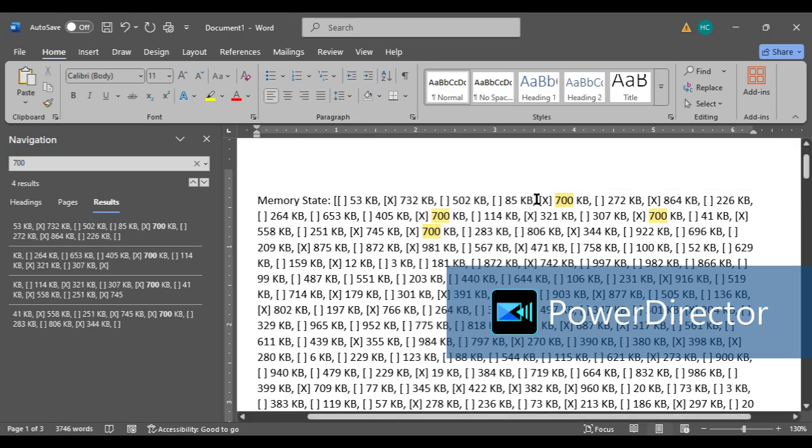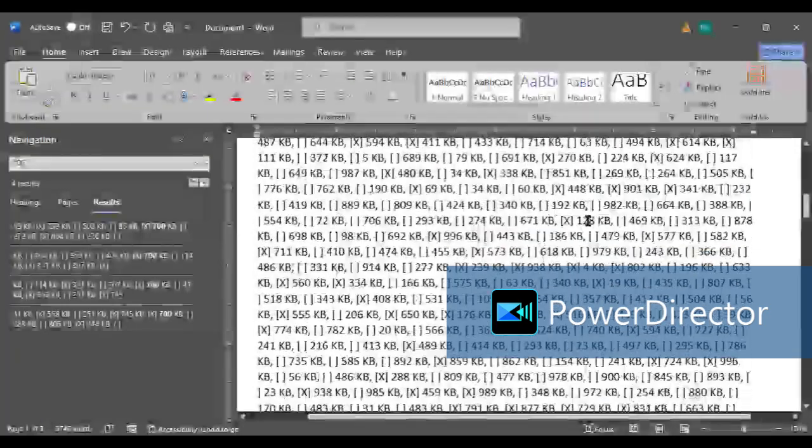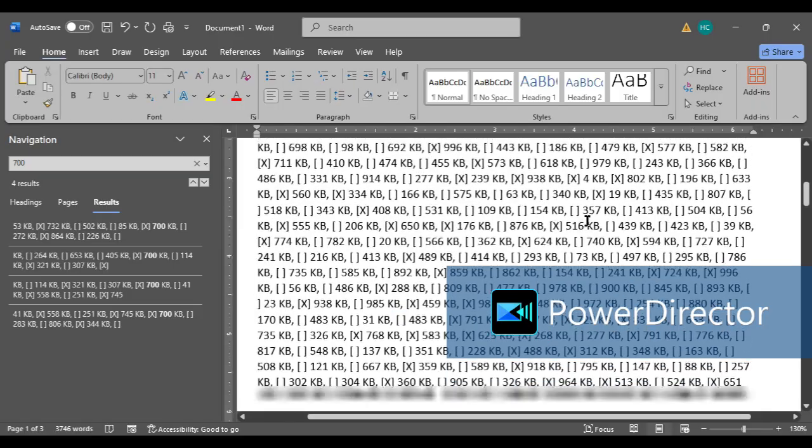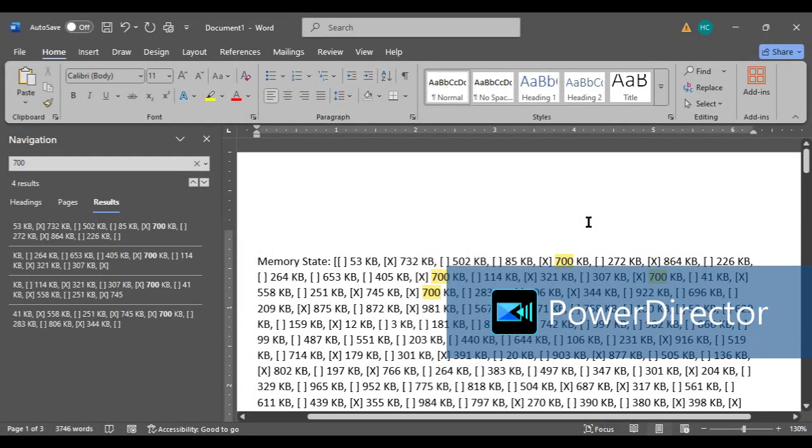It doesn't care about the size it leaves behind after allocation. With this, it left 272 kilobytes of free block behind. With this, it left 41 kilobytes, with this 114 kilobytes, and with this 283 kilobytes of free block behind.